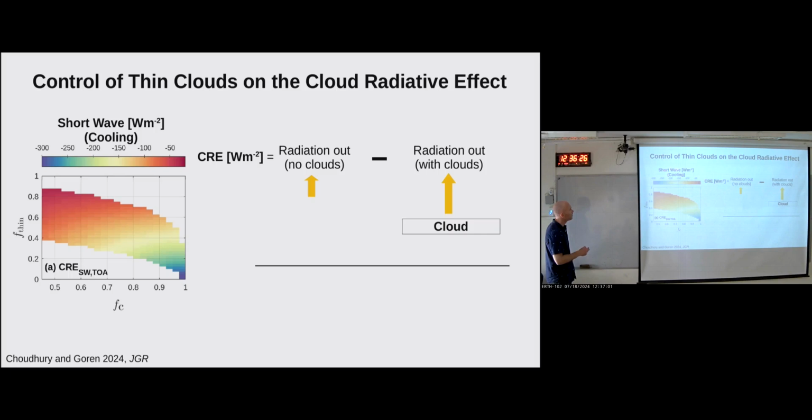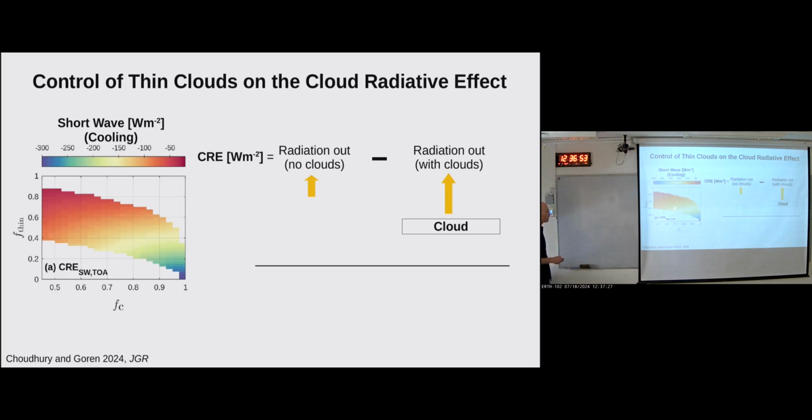And in color, this is the shortwave cloud radiative effect. The cloud radiative effect shown in color, these numbers, are negative because this is the difference between the radiation that goes up without any clouds, the radiation that goes from the surface, from the ocean up, minus the radiation that goes up from the cloud. And the cloud is brighter than the ocean, so there is more radiation going up, right? If you take the difference, this is why it's negative.